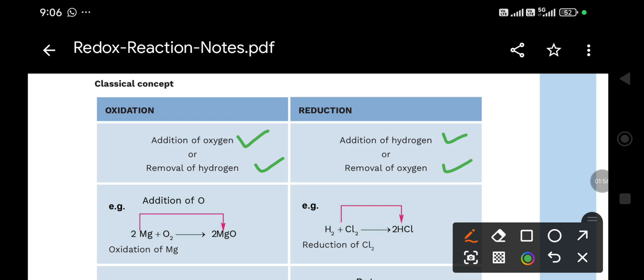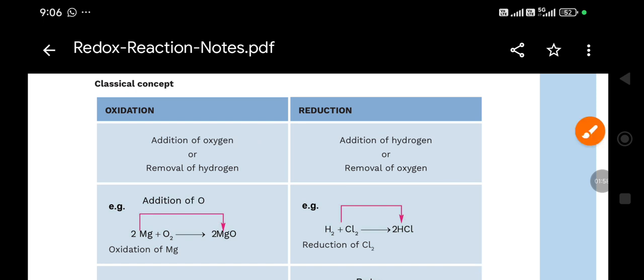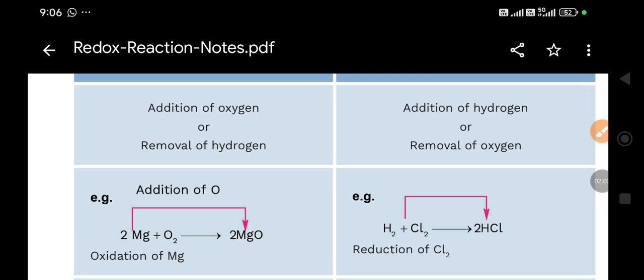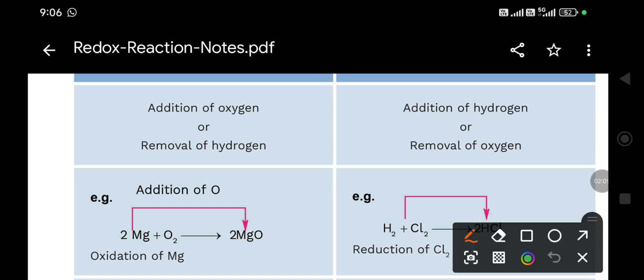Now let us take some examples. We are taking two examples. One is in terms of oxygen. Magnesium, after reaction with oxygen, changes to MgO. Oxygen is added to the magnesium, and the addition product formed is called magnesium oxide.